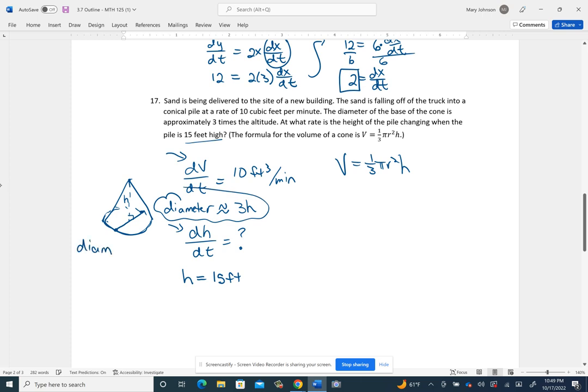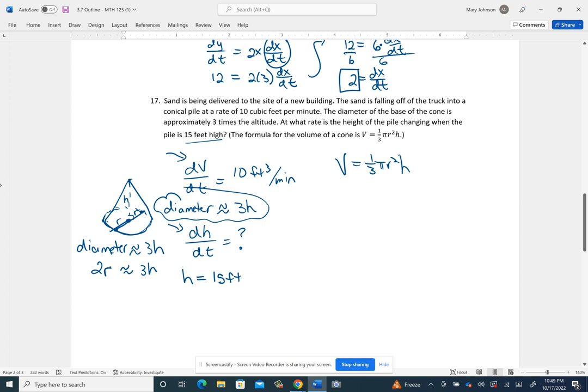The diameter is about 3 times the height. Now the diameter is all the way across the circle, but remember a radius would be just from the center to the outside. So 2 times the radius could be used for the diameter, couldn't it? I'm trying to get the r out of that problem.